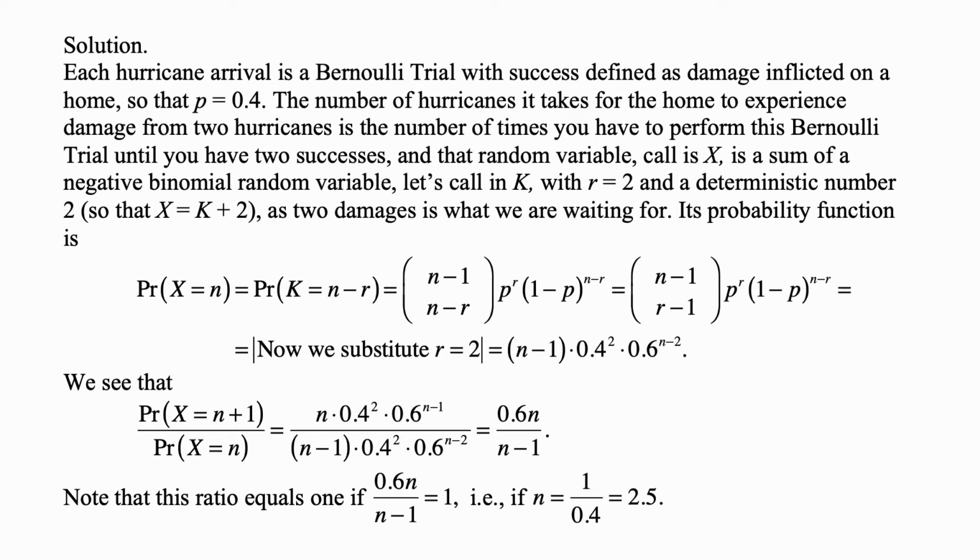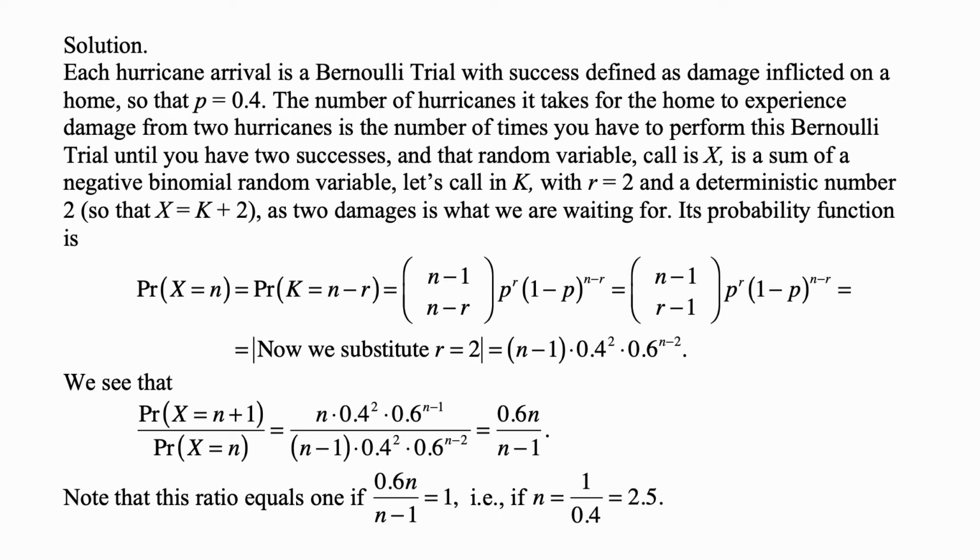Its probability function is the probability that x is equal to n, which is the probability that k is equal to n minus r, where r is the parameter of the negative binomial random variable.